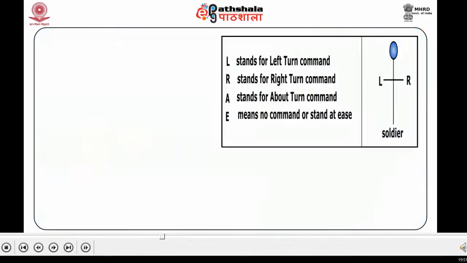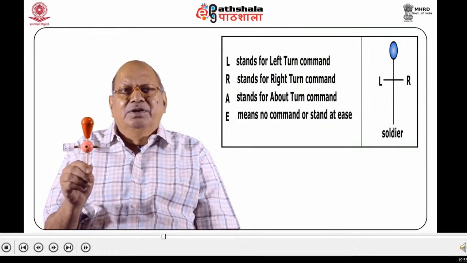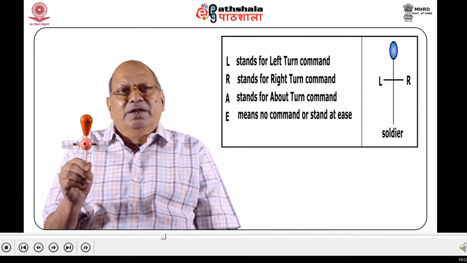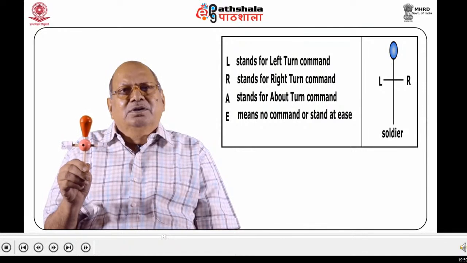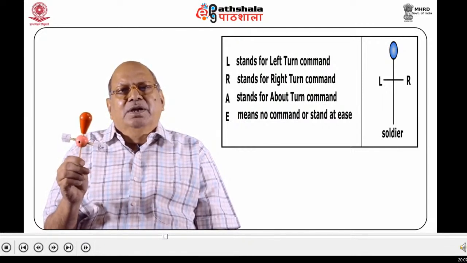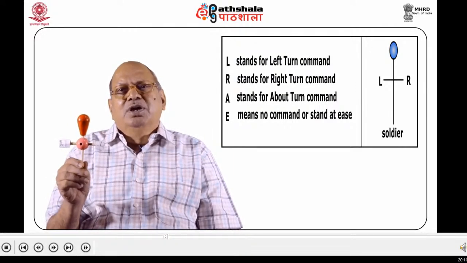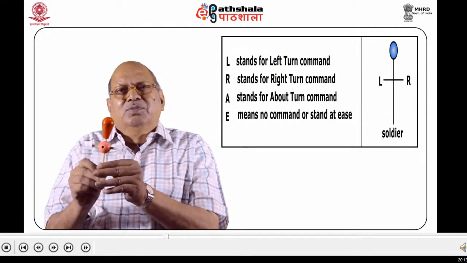For this, we will take a soldier and define his phase movements. L stands for left turn, R stands for right turn, A stands for about turn, and E means stand still, that is, do nothing.